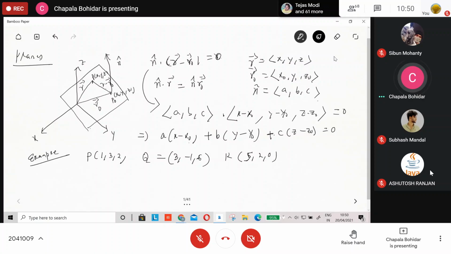So here, the two vectors from any two points on the plane, first you draw your figure. I'm doing it here. R is 5, 2, 0. In which plane?